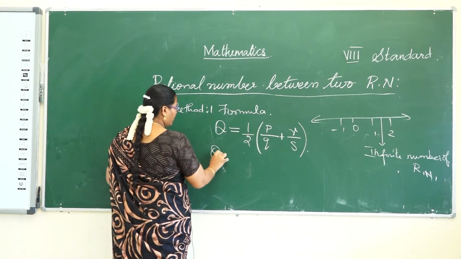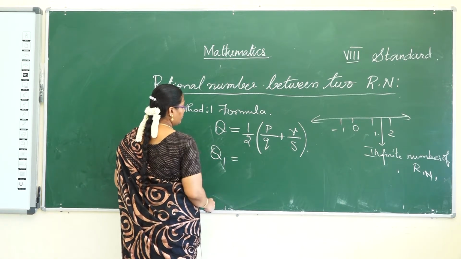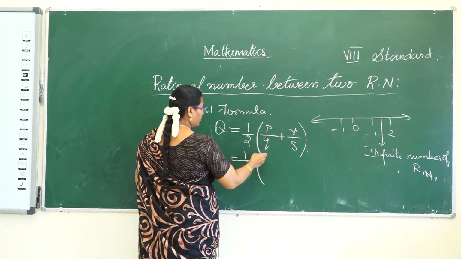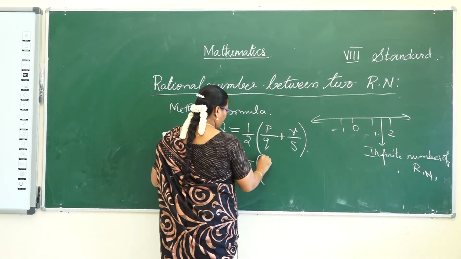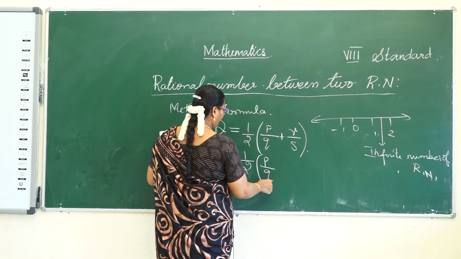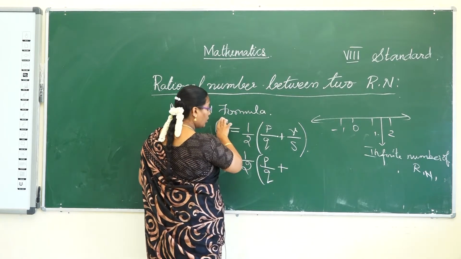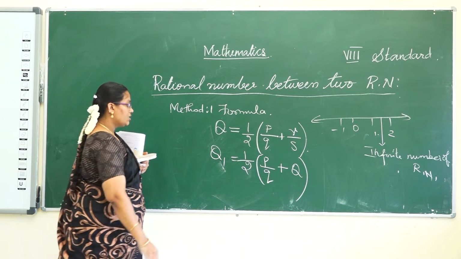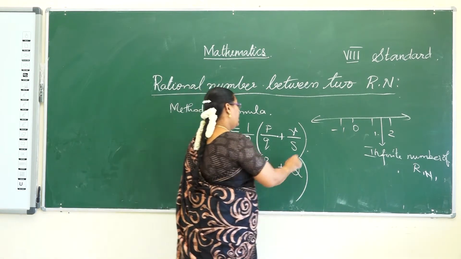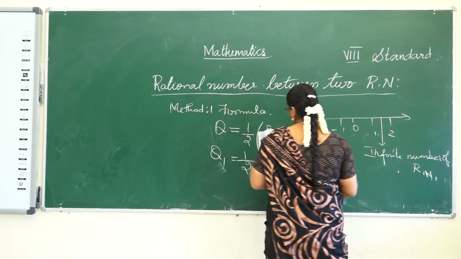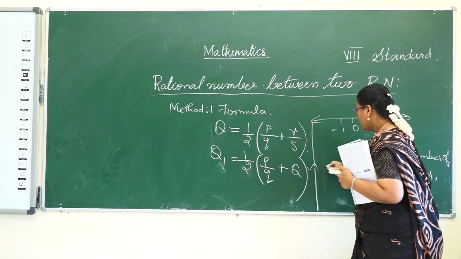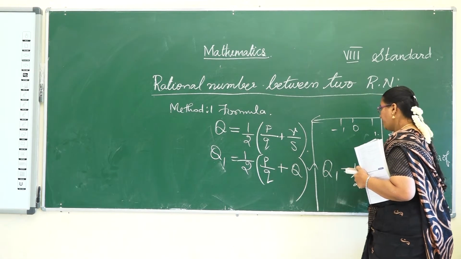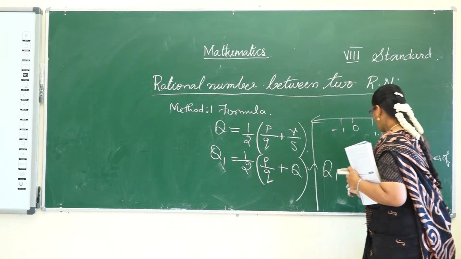And for the second rational number between them, we have considered Q2 equal to 1 by 2. So, P by Q plus the Q value we have considered. Okay. So, another formula, this is also correct, and also 1 by 2, you have considered this rational number also.